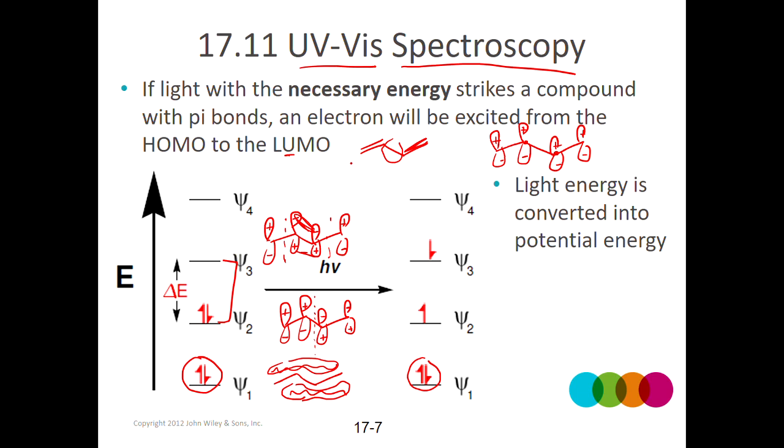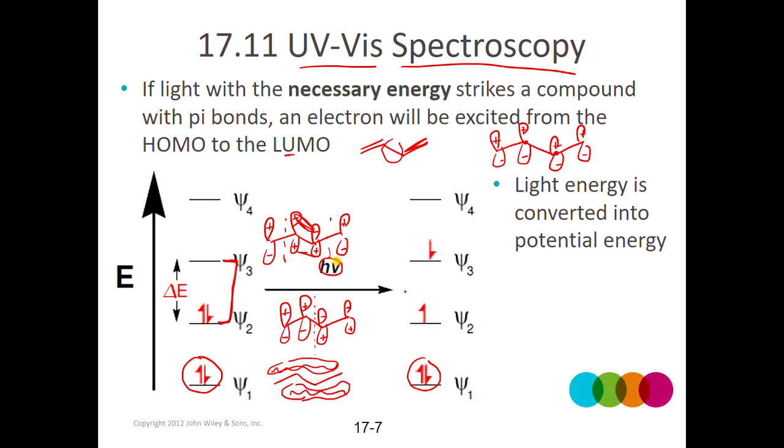So what happens is you put your sample in the instrument, the light hits it, some wavelength of light in the UV visible range, somewhere in that range, that wavelength of light is going to match this energy difference. And when that specific wavelength of light hits this electron, it's going to pop it up.